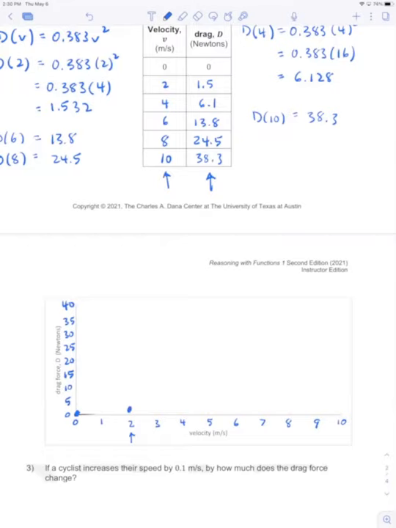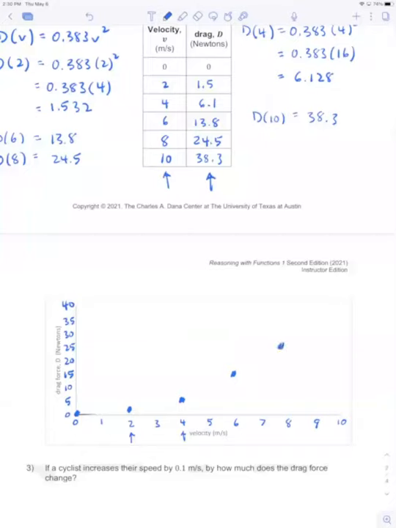If I go up to 4, the next number, where I just drew the arrow under that 4, we go up to 6.1. So roughly there. And then 6, 13.8. 8, 24.5, so just under the 25.